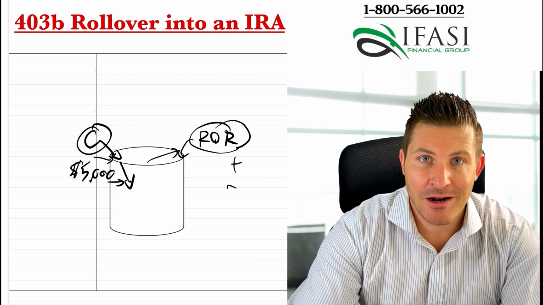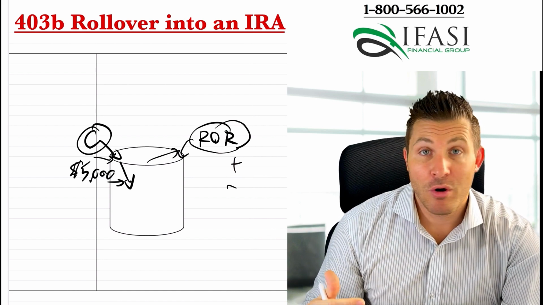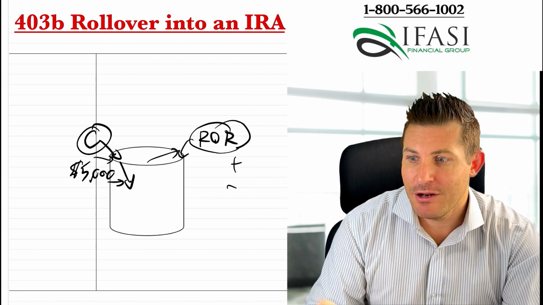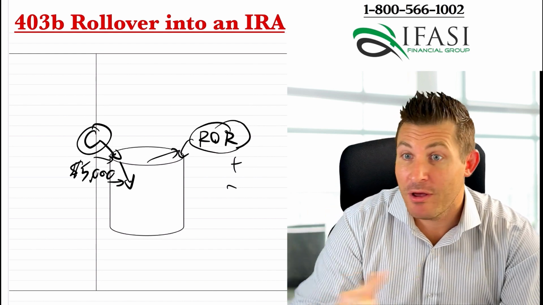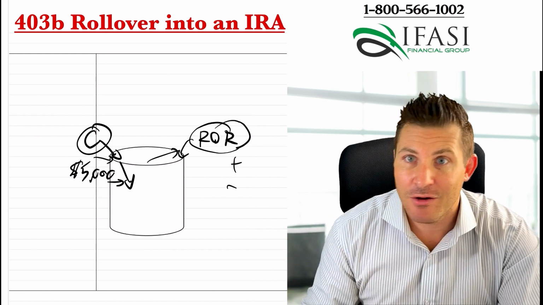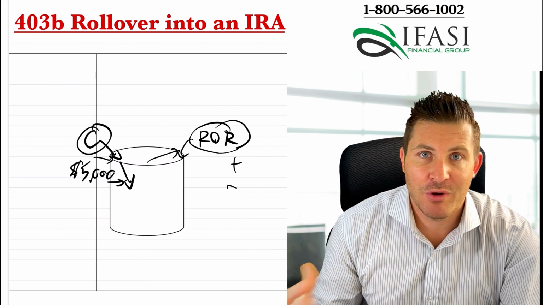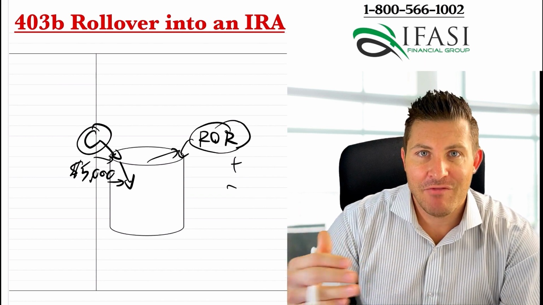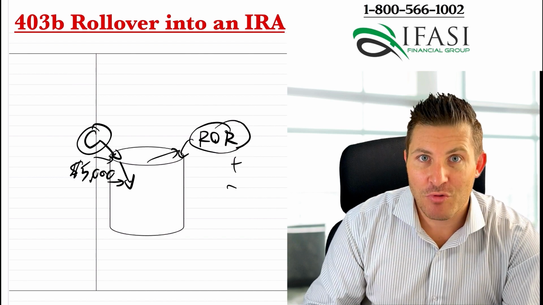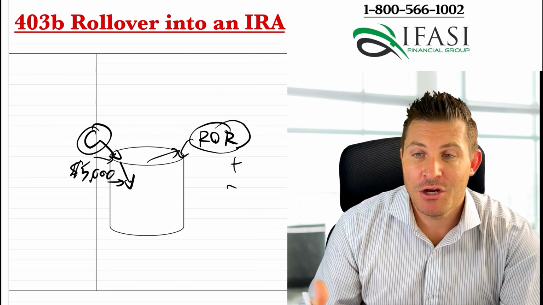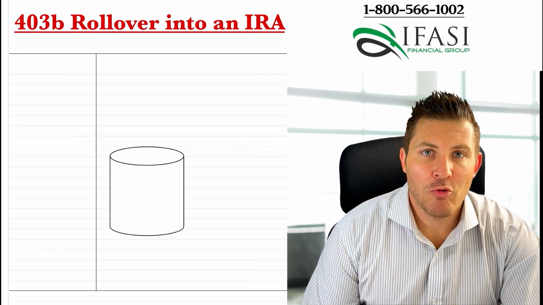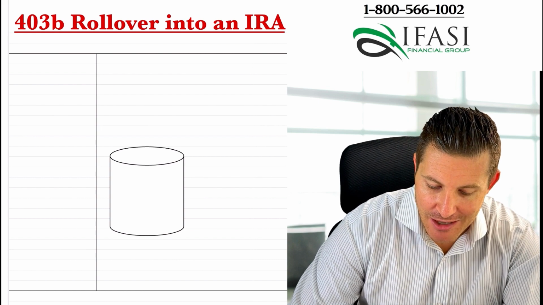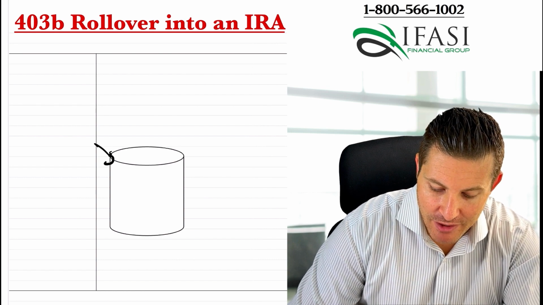You could do that within an IRA account. Or you could be as aggressive as, I want to invest in one individual stock. I want to put all my money into one Apple stock or one Google stock, whatever the case is. So you could really have that flexibility based on your risk tolerance and how you want to create your IRA account. Once again, a recap, it goes by contributions and rate of return.